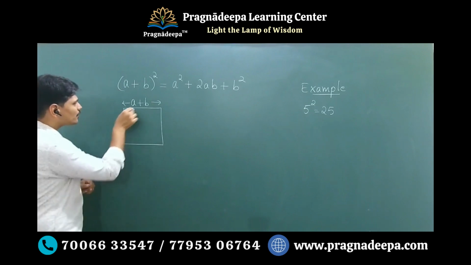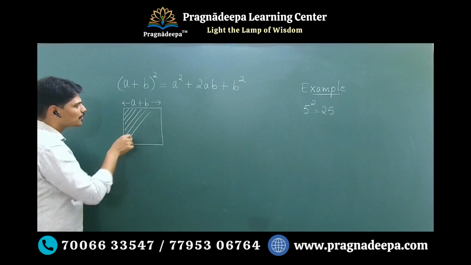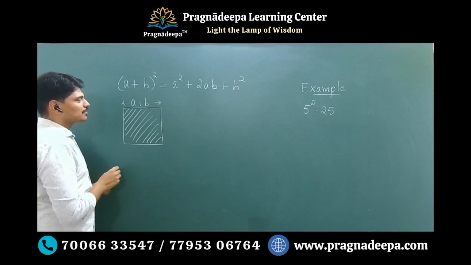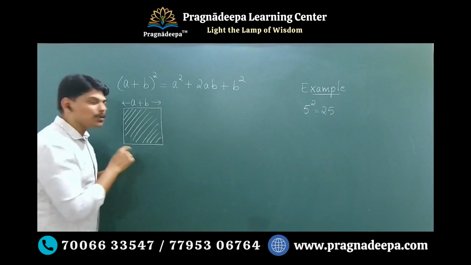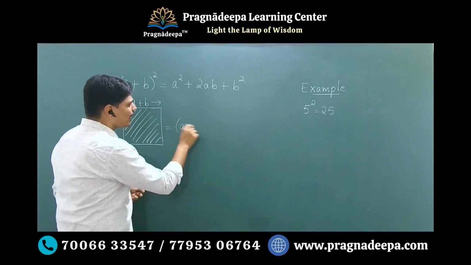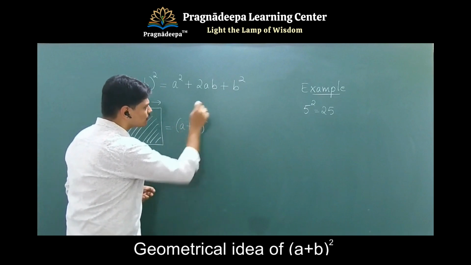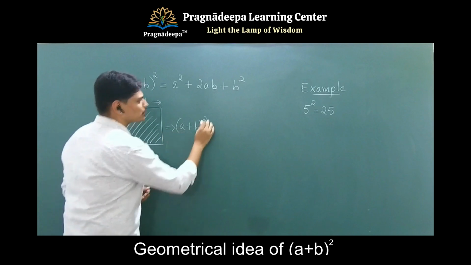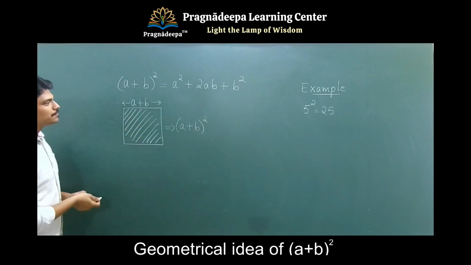So what is the area of this square? If I ask what is the area of the square with the side a + b, yes, it is nothing but (a + b) the whole square.